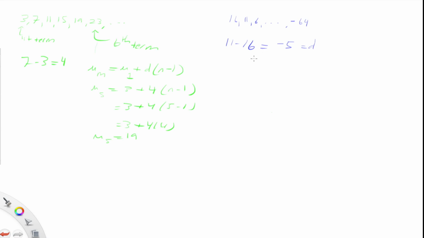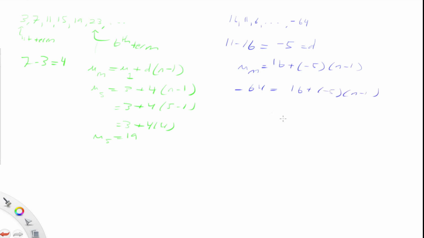and we can plug it into the general formula. So Un is equal to the first term, which is 16, plus the difference times n minus 1, and in our case, Un is equal to negative 64, right? So 16 plus negative 5 times n minus 1.